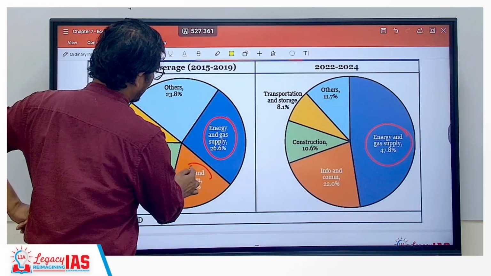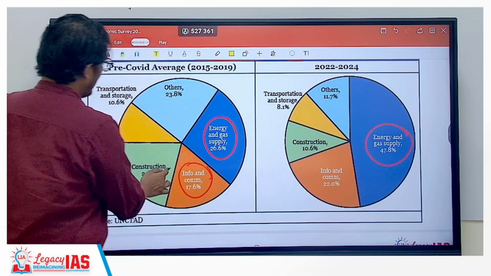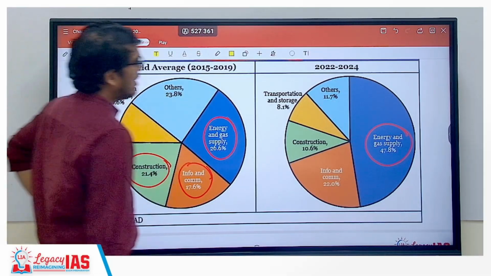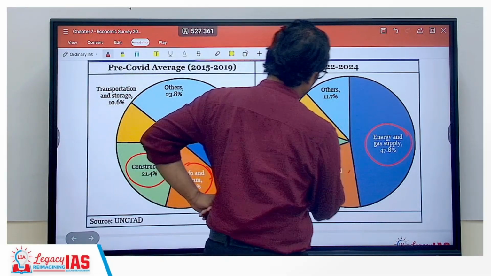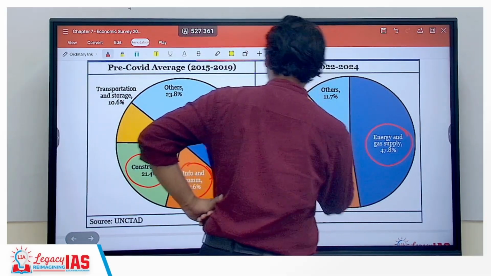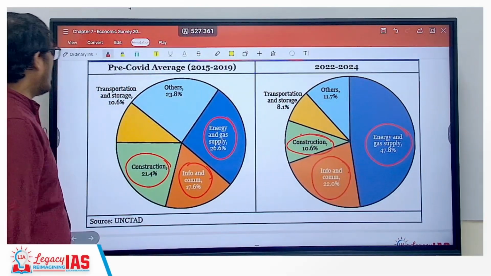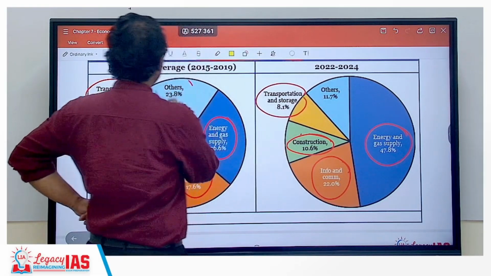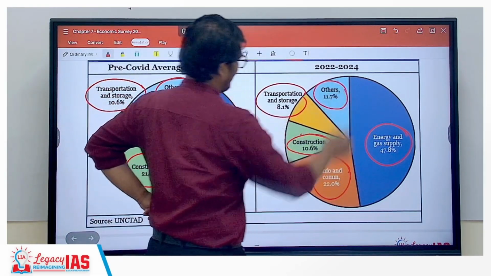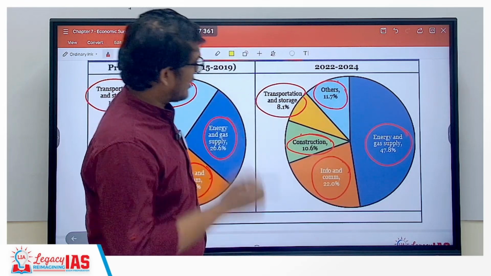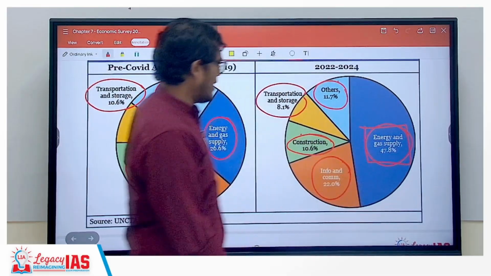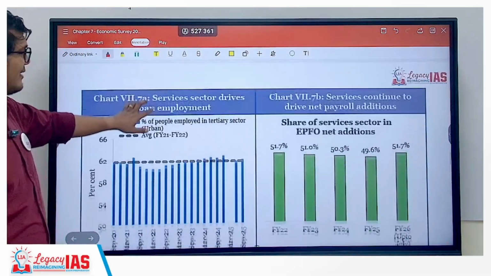Information and communication technology was third and construction was second; now you have construction third and information technology second. Transportation and storage has also declined, and the others are a quite small amount here. Why? Because of a huge increase in the energy and gas supply is what is being said.